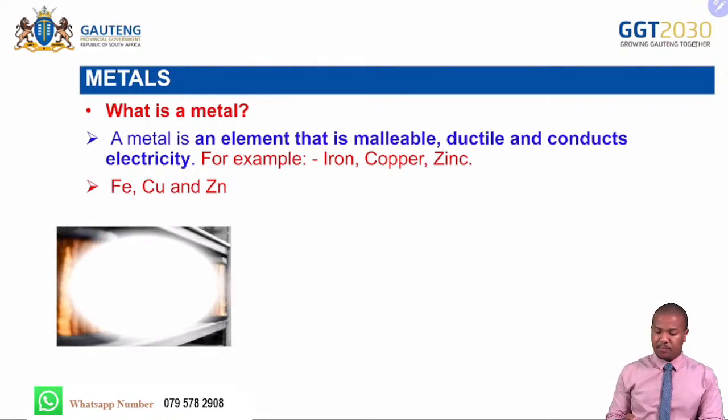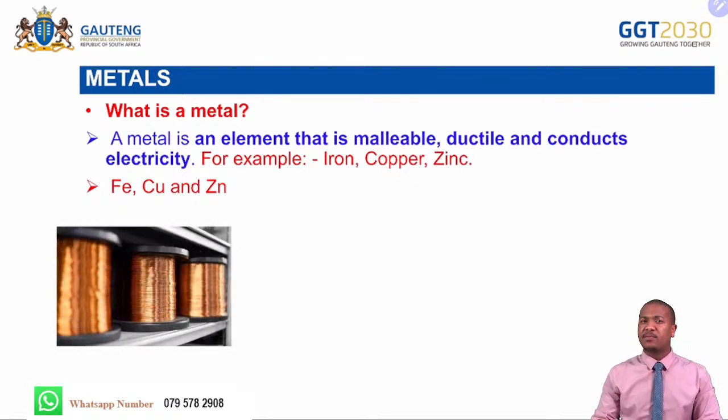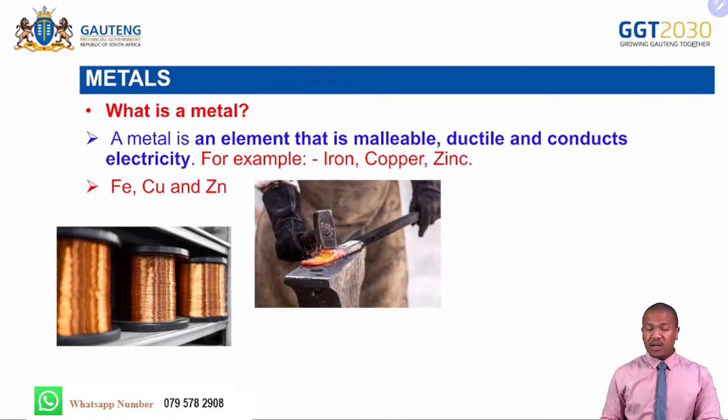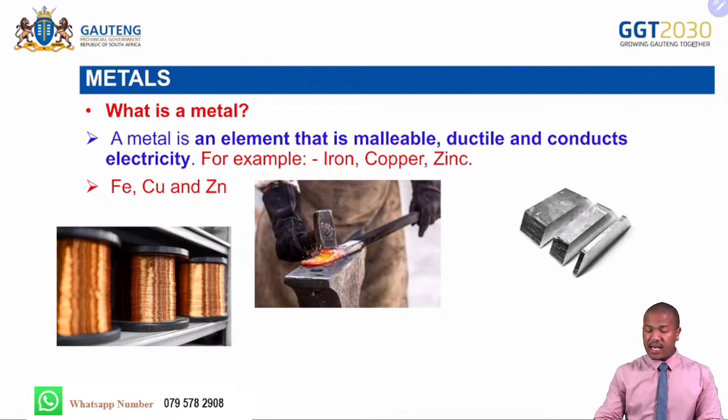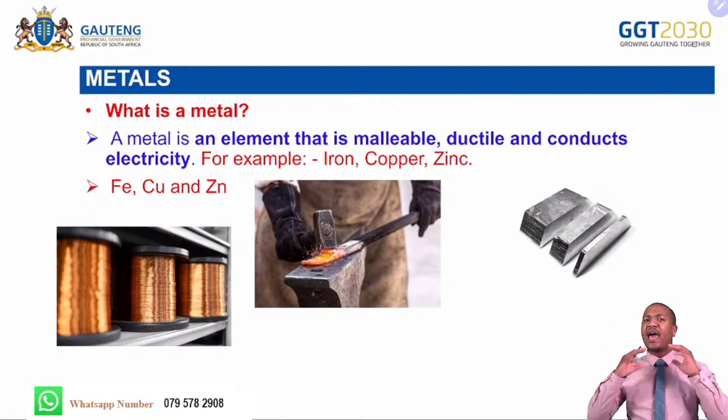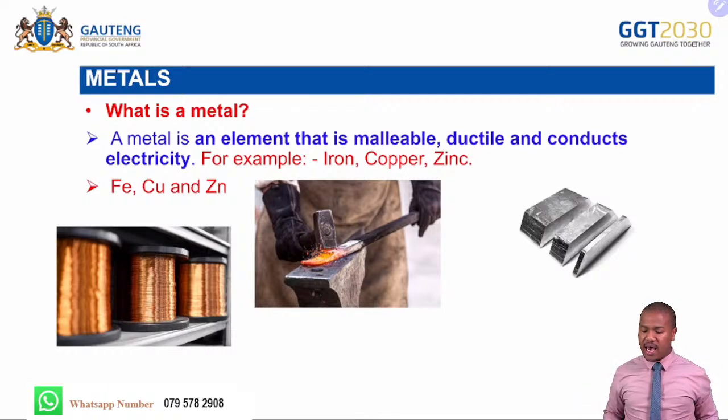And here are some pictures to remind you of the types of metals I'm talking about here. Here is copper, here is iron, and here is zinc, right? So now, I want you to keep in mind that a metal is an element that can change shape. It is malleable, it is ductile, meaning it can be stretched into thin wires, and it can conduct electricity, right?